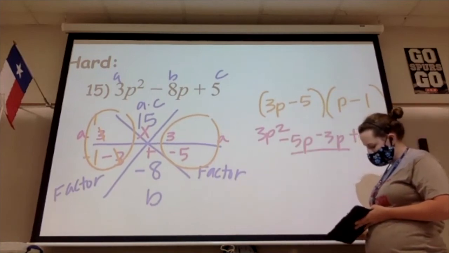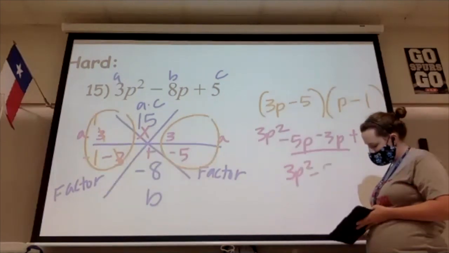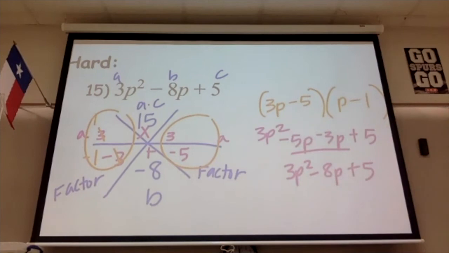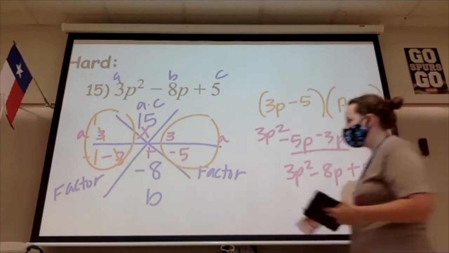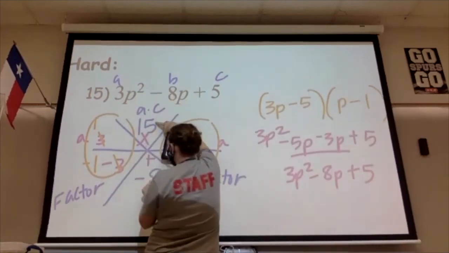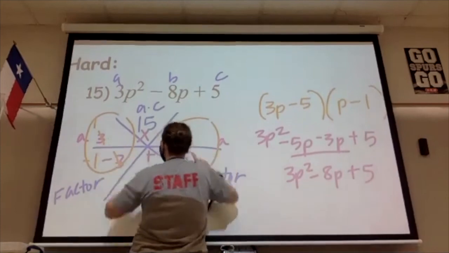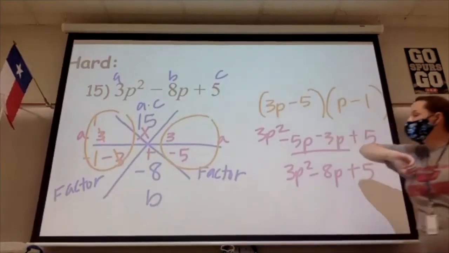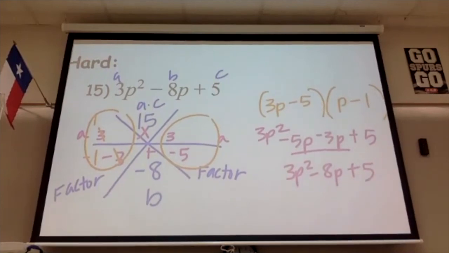So these combine together: 3p squared minus 8p plus 5. Is that what we should get? Yeah. So really we're doing the same thing. Factors that multiply to give us this, add to give us this. We just have to do some reducing in order to get the correct leading terms in both of our factors.